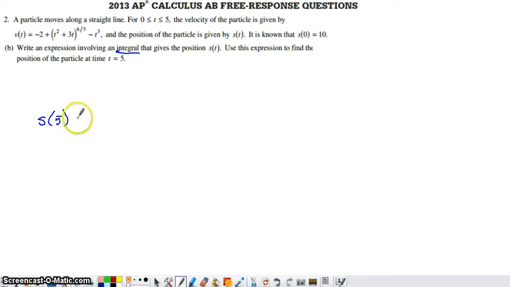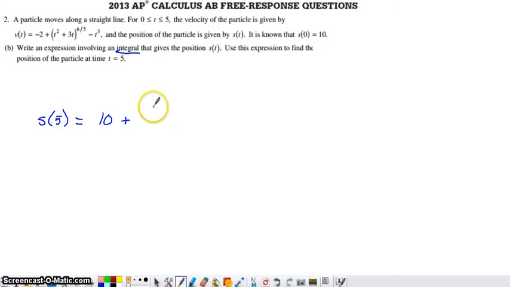So if I'm looking to determine what s of 5 is, I need to take into account the starting position at t equals 0, and the starting position is 10 units. So we're starting at a position of 10 units, and we're going to have to add on how much the position of the object has changed from t equals 0 to t equals 5.